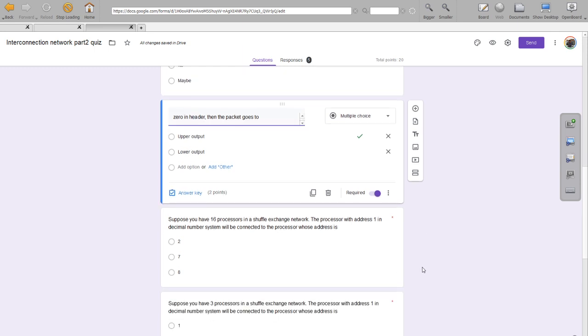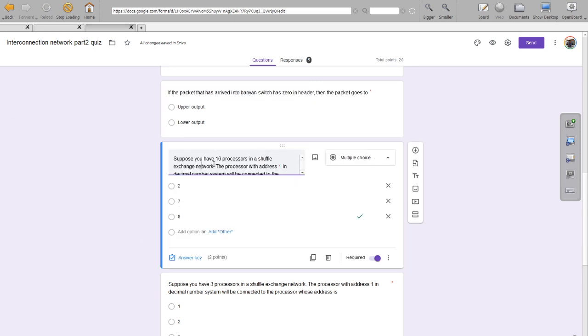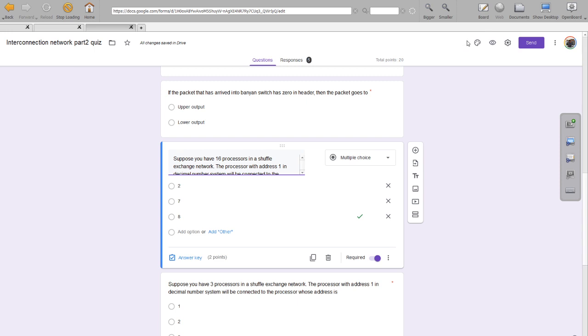Next, suppose you have 16 processors in a shuffle exchange network. In our example, there were 8 processors in the shuffle exchange network. Now in this question, you are told that there are 16 processors.